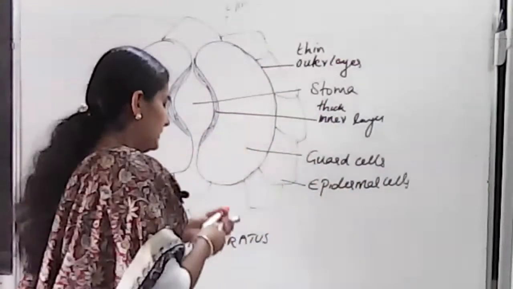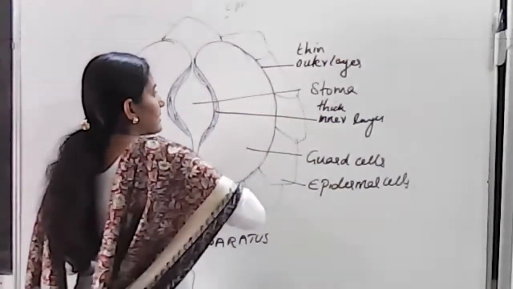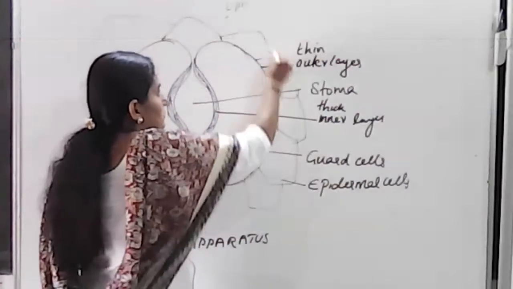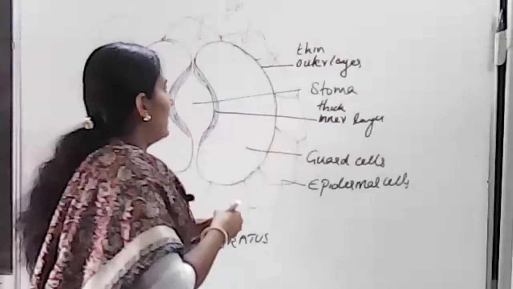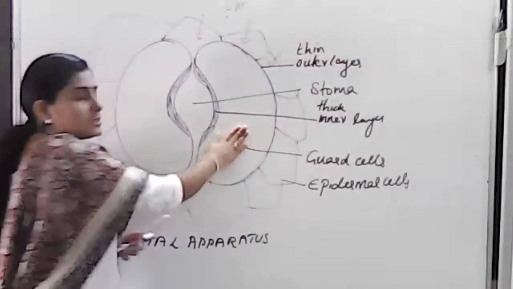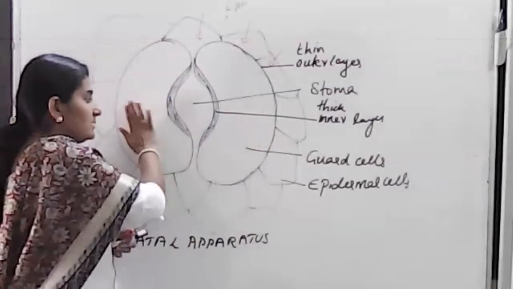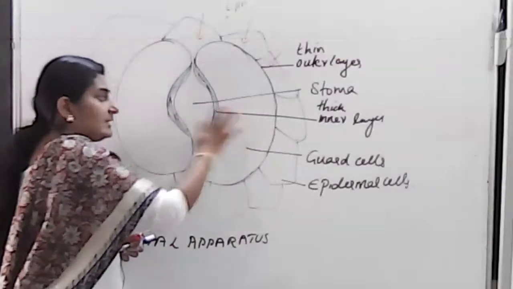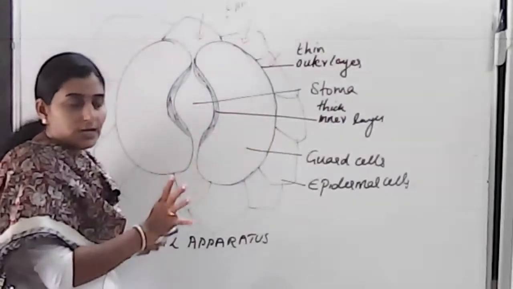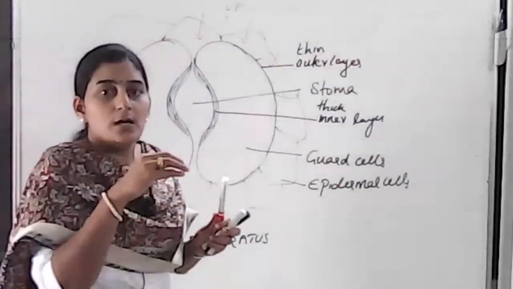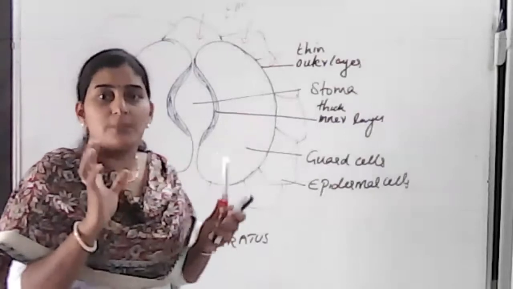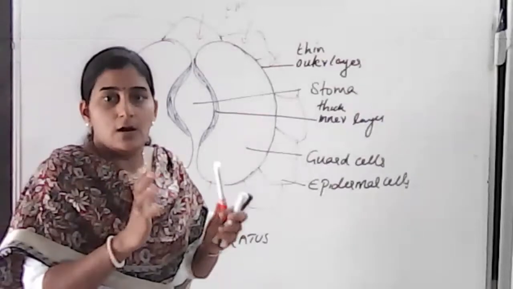So from the nearby cells it enters the stomata, through the intercellular space. When this stomata or guard cell gets completely filled with water, it gets bulged. Suppose you are taking a heart-shaped balloon and you are filling it with water or with air.